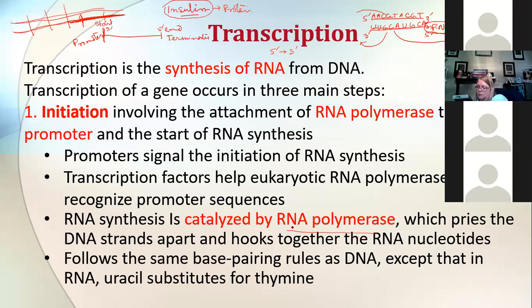Okay, so now RNA polymerase, at the beginning, sits at the promoter region of the DNA. Remember, it does not need any primer to start the reaction, unlike DNA polymerase.